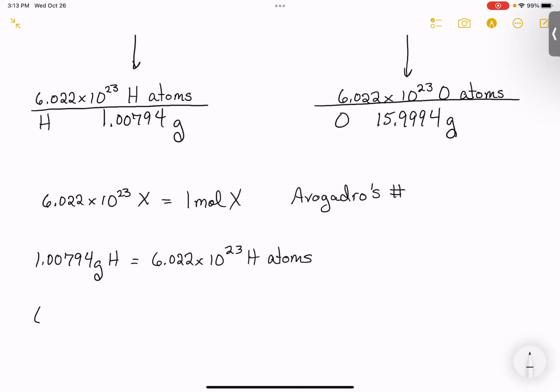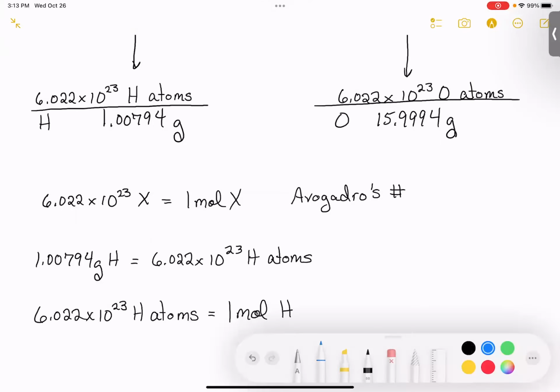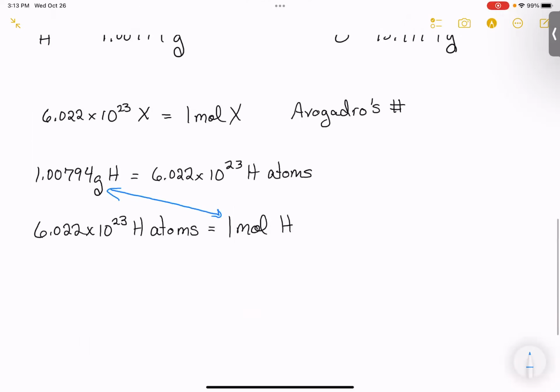And we know that 6.022 times 10 to the 23rd of anything, in this case, hydrogen atoms, would equal 1 mole of that thing, in this case, hydrogen. So putting those if-then statements together, it means that 1.00794 grams of hydrogen must equal 1 mole of hydrogen.